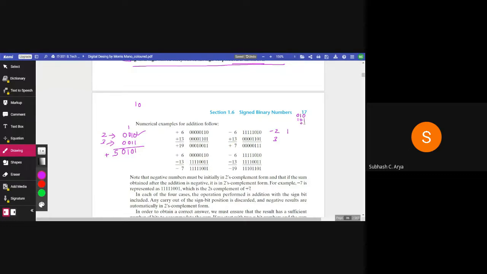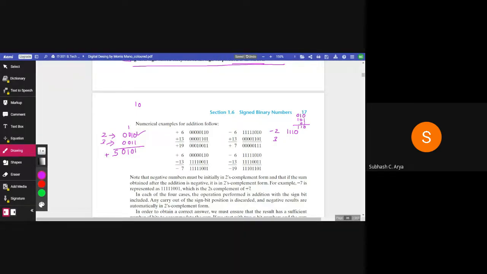Then add 1 to take its 2's complement. So 1 plus 1 will be 0, carry 1, and this is 1. So -2 is 1 1 1 0. Is it okay?